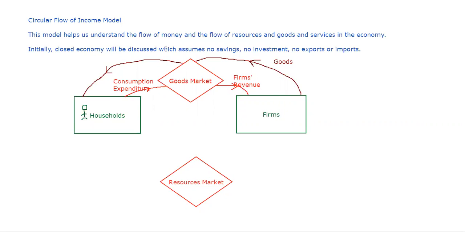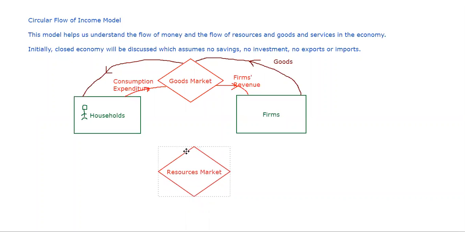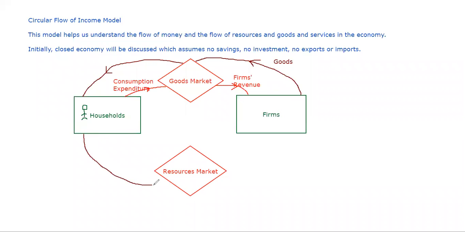The other market is the resources market, where the transaction that happens is that households sell the resources and those resources are bought by the firms.